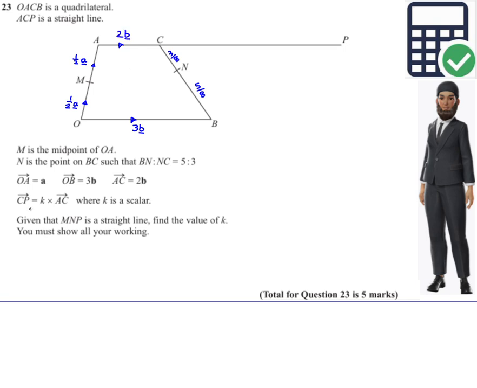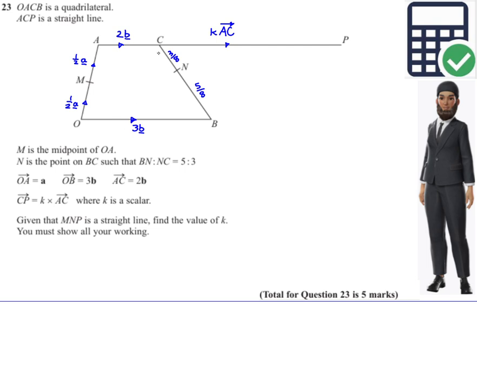Right, so CP is K lots of, going in this direction, K lots of AC. So K, where K is a scalar.